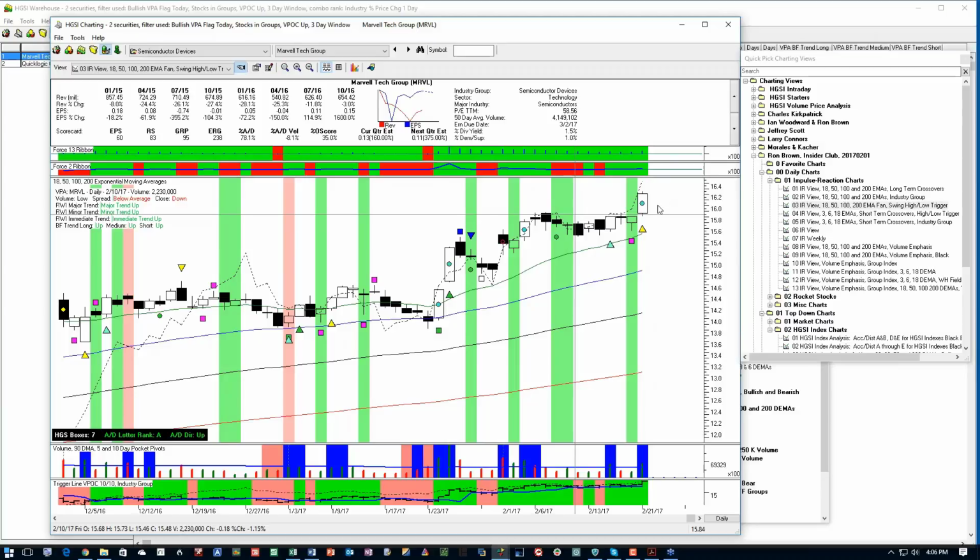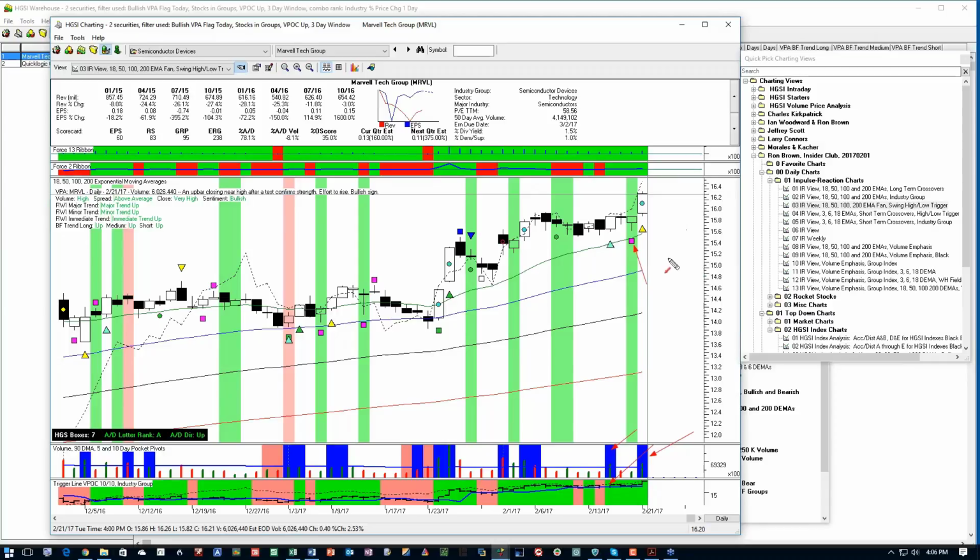And look where this closed. It closed near the top of its daily range. What are the other factors that we look at? We look at volume point of control. Here's a pocket pivot over here, another one today. Why? Because the volume was a lot higher than it's been over the prior days. Here's your low volume test for supply, a great signal that you should be looking for.